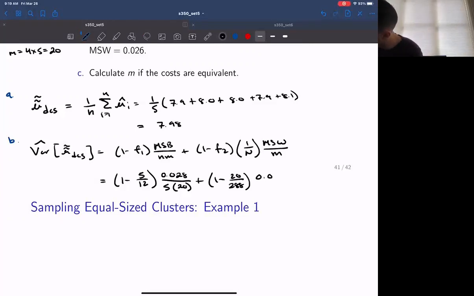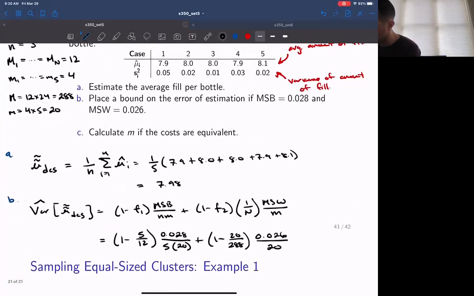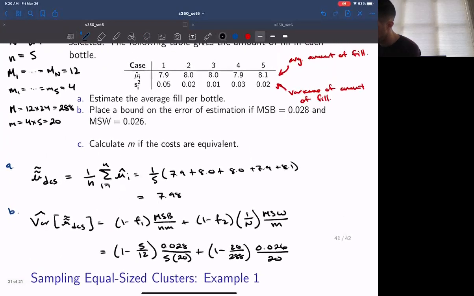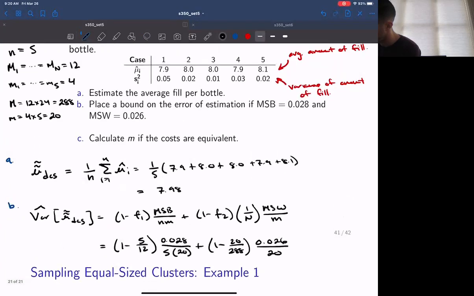Multiplied by 0.026 divided by 20 again. Oh, sorry. Okay.